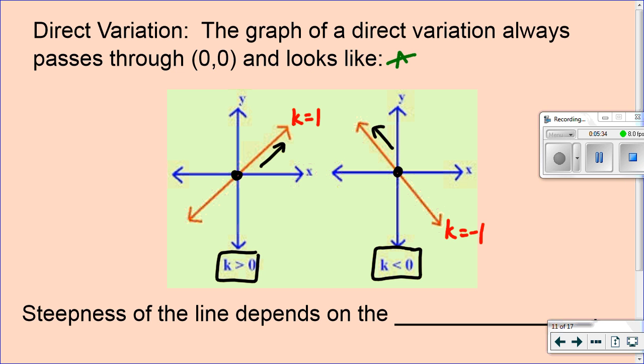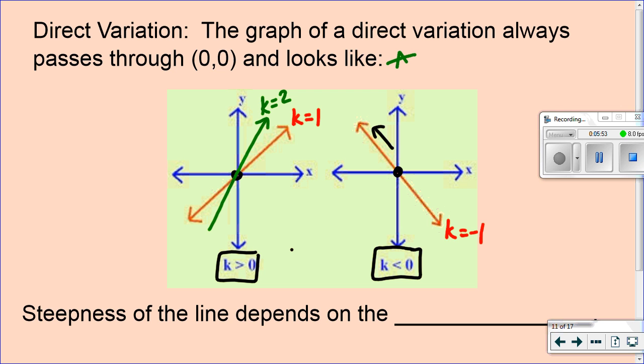Now look at the bottom. It says the steepness of the line depends on what? In my graph on the left, if I increase my constant of variation, if I say now K equals 2, what's going to happen to that line is it's going to become steeper.